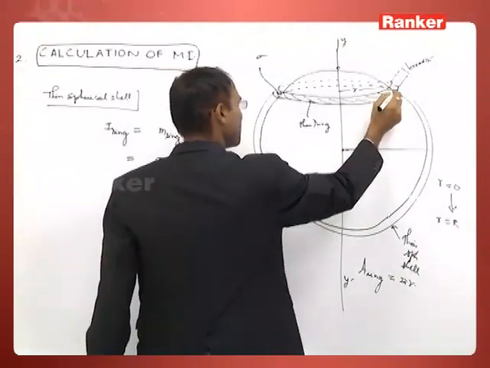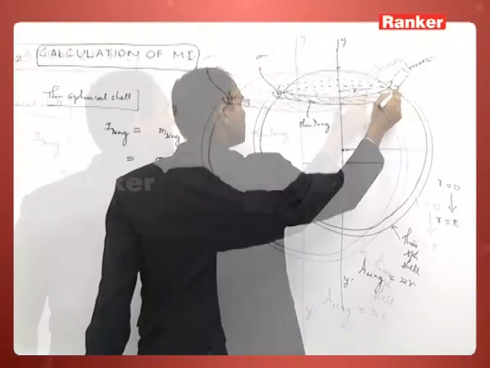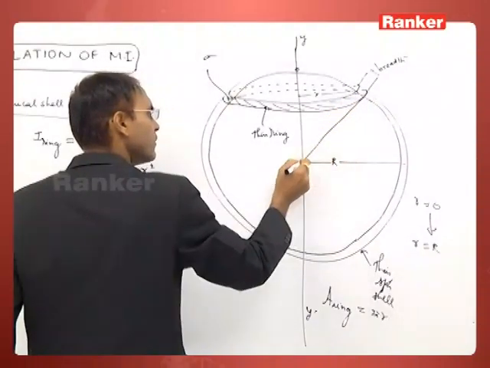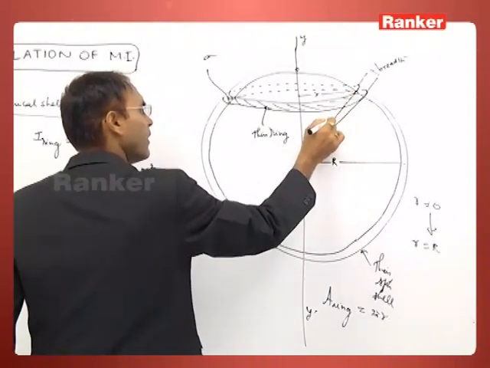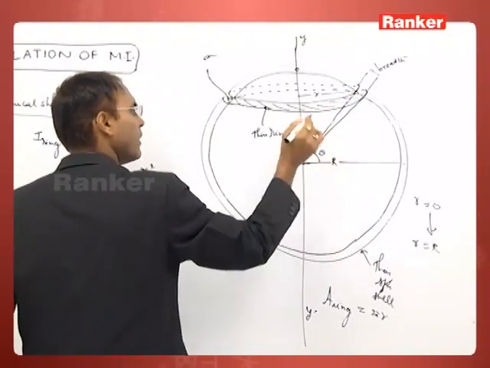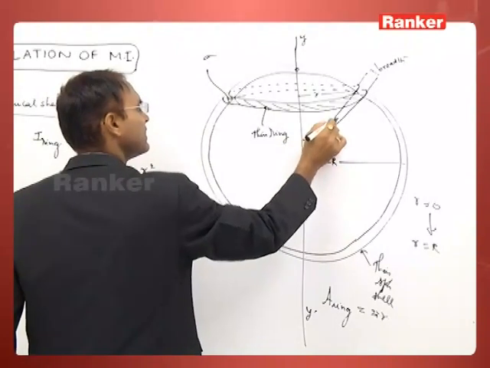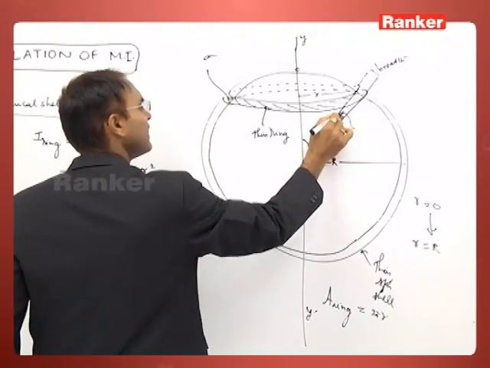This breadth can be calculated by taking some angular position, let it be theta, and this angle is d theta.